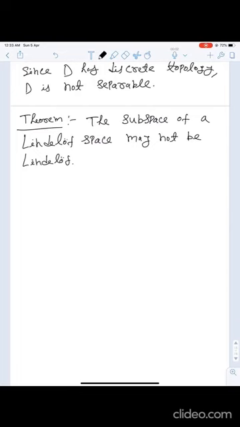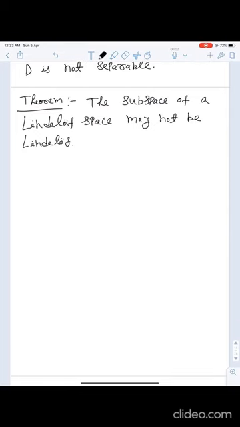Okay. Now, can you give one counterexample for this? That means you have to give one example which is Lindelof, but its subspace is not Lindelof.